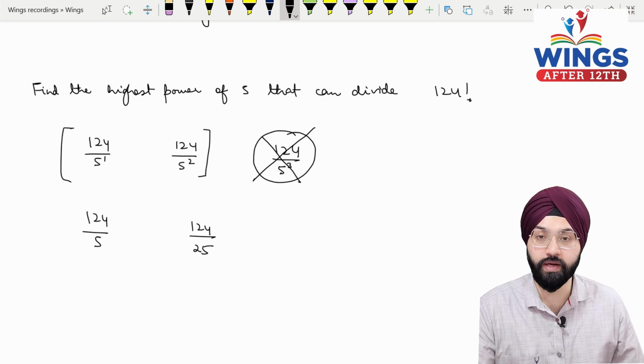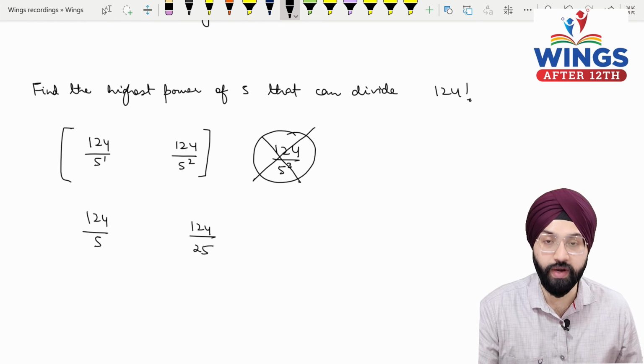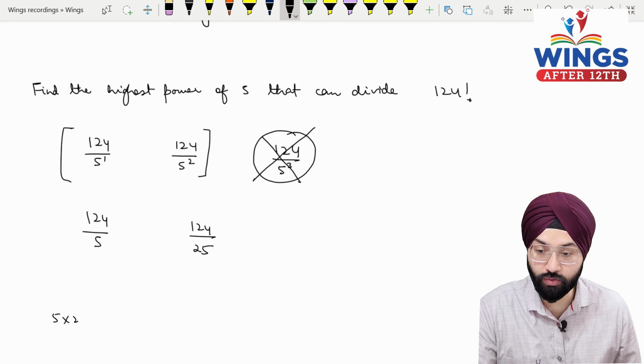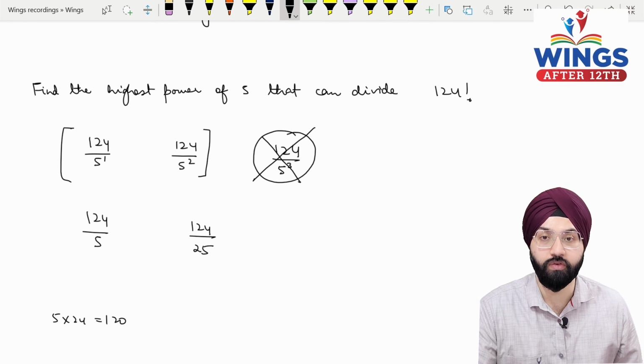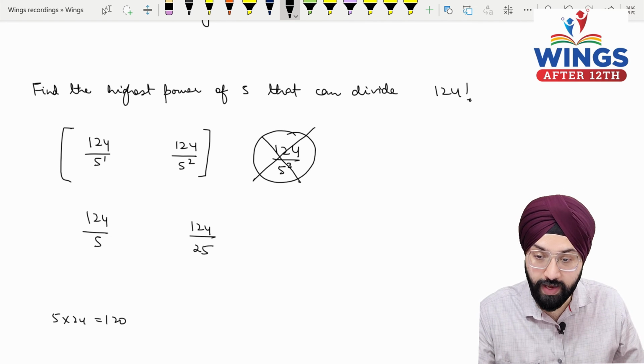So how many times can 5 go in 124? 24 times, right? Because 5 into 24 is 120. 5 into 25 is 125, so that becomes higher. So we only have 24 5s going into 124.